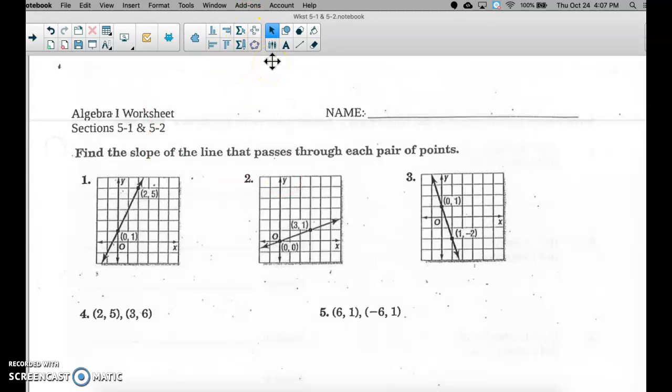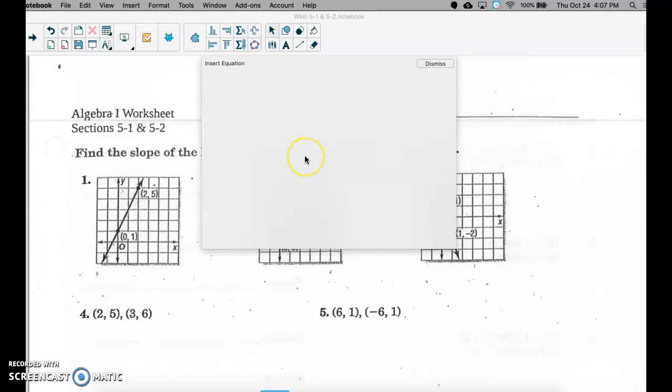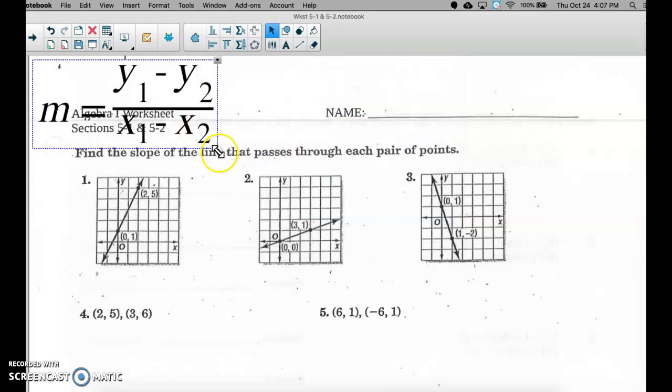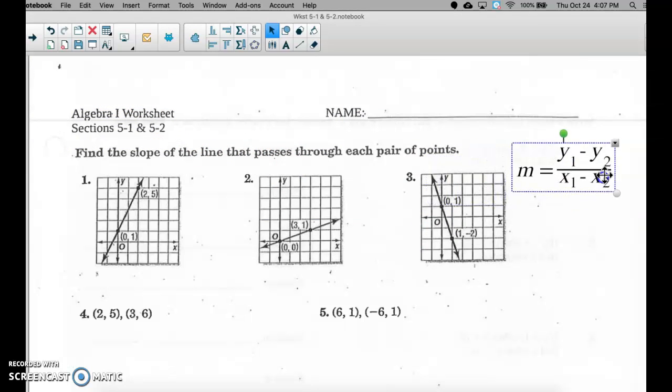M being our slope equals y1 minus y2 over x1 minus x2, where our y's are our change in rise and our x's are our change in our run. So there's that equation. That's what we're always going with. That is going to be your best friend.